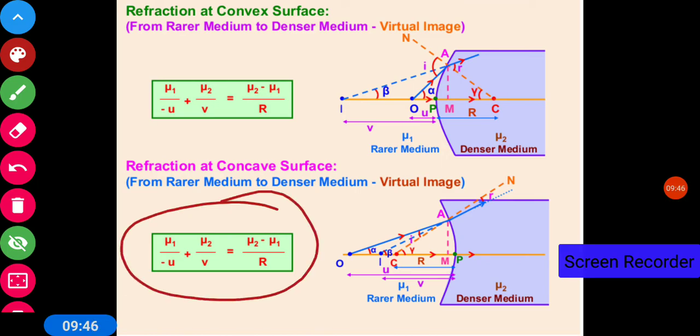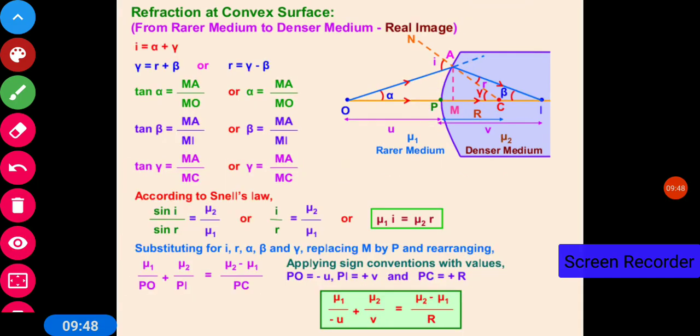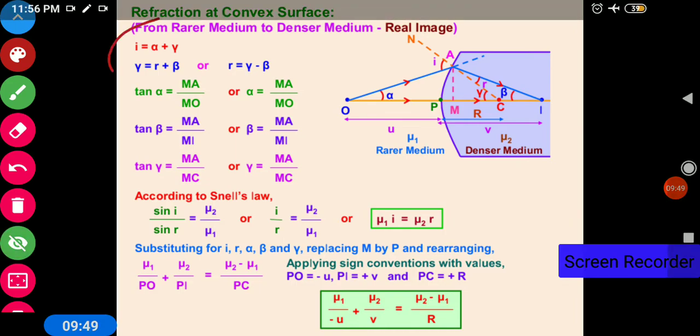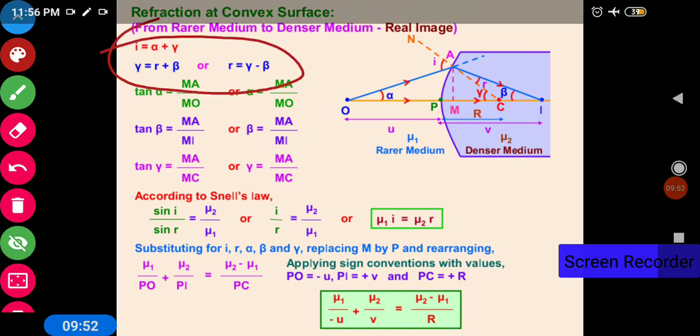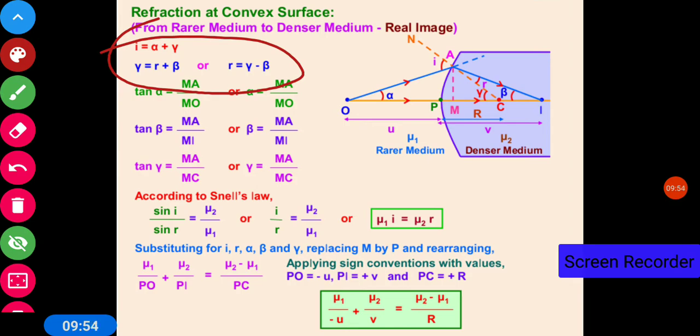So keep in mind that these equations must be written correctly. The equations and the values will be different in each position, but when you substitute them and simplify, you will get the same result.